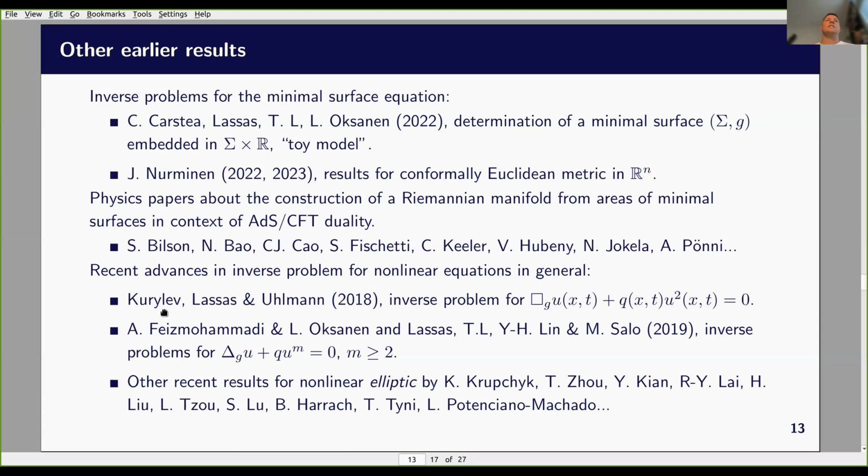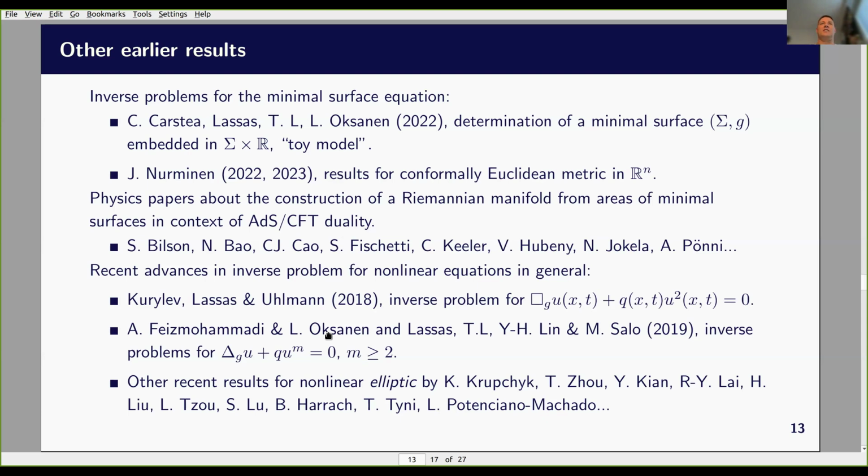A little bit after that, Ali Feizmohammadi and Lauri Oksanen, and at the same time and independently, Matti Lassas, me, Yi-Hsuan Lin, and Mikko Salo, figured out how to use nonlinearity as a tool for elliptic nonlinear equations, such as this nonlinear Schrödinger equation here.